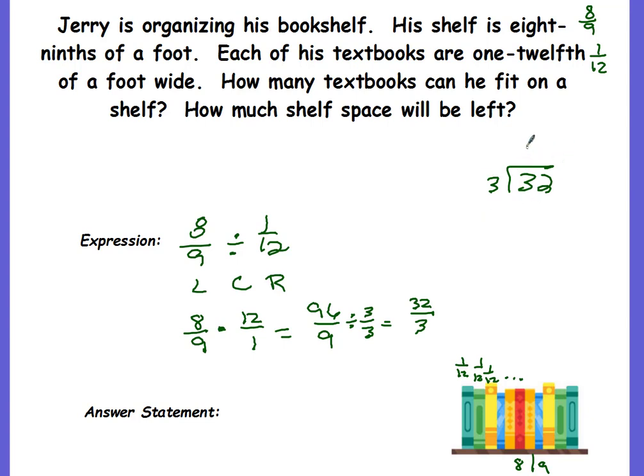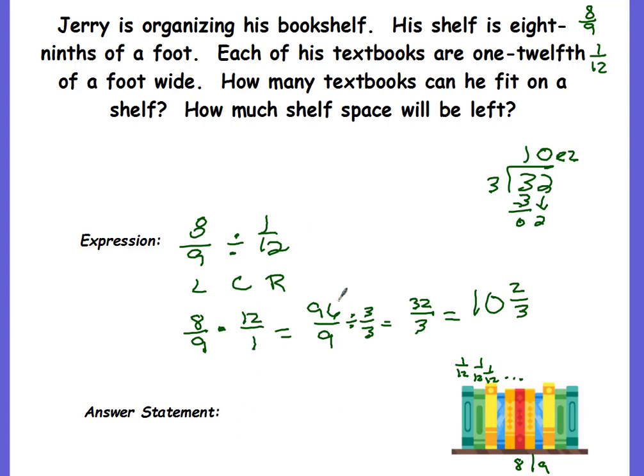Well, 3 goes into 3 once. With a 0 remainder, bring down the 2. How many times will 3 go into 2? 0 times. So the remainder is a 2. So, as a mixed number, it's going to be 10 whole groups with 2 left over out of 3.